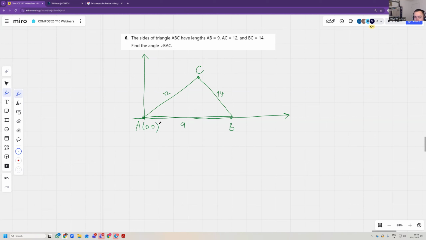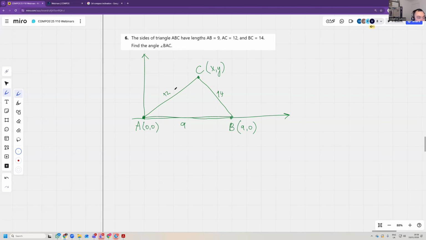So we put A at the origin, and B has coordinates 9, 0. And C has coordinates x and y. So we don't know x and we don't know y.